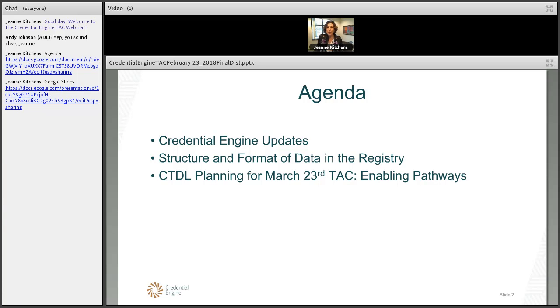And then Stuart Sutton is on, and he's going to talk a little bit at the end about planning for the March TAC with CTDL work that we would like to pursue with all of you, and he could fill you in on that, and we'll be looking for some volunteers to work on that.